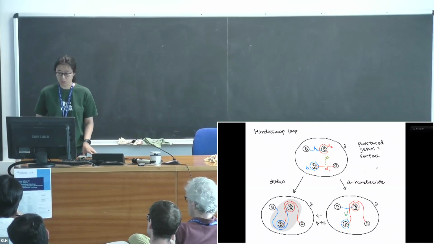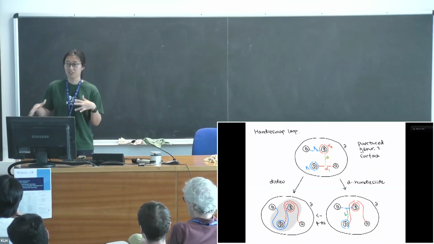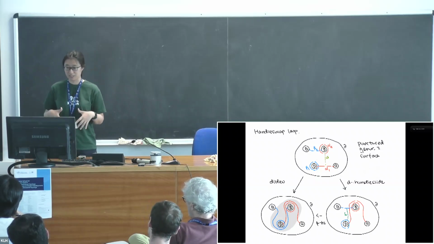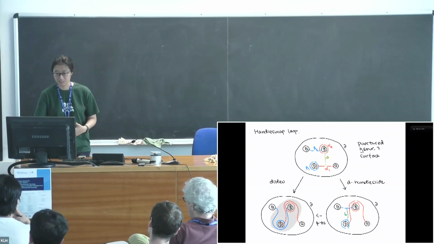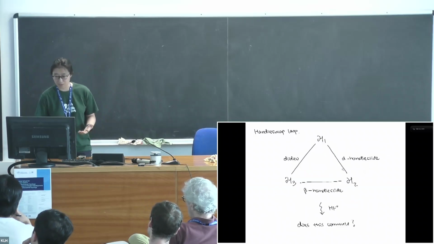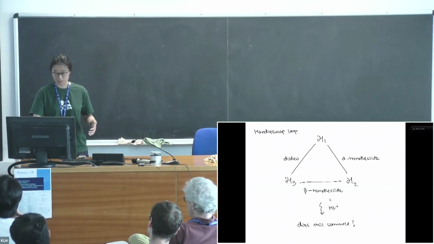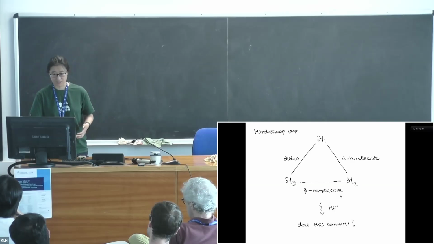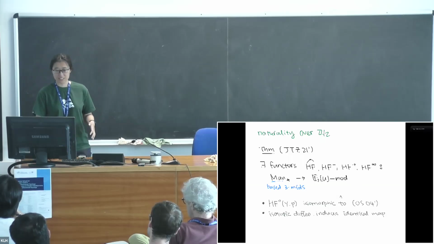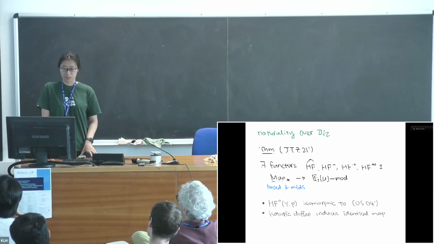So there is this loop, and we want to check that, after applying Heegaard Floer homology, everything still commutes. Indeed, it is natural over Z mod 2.